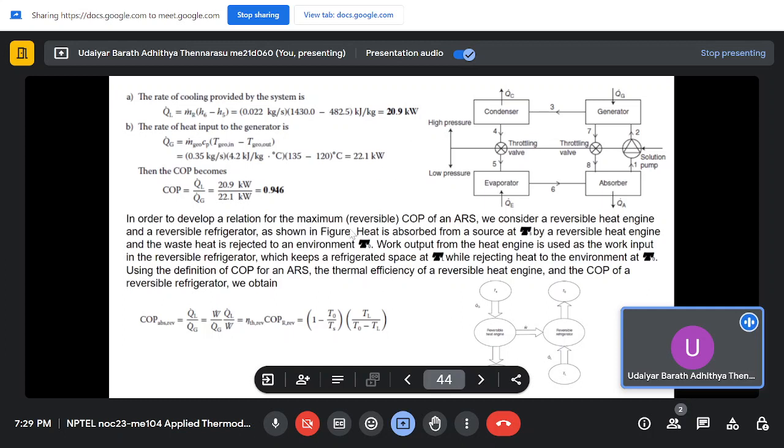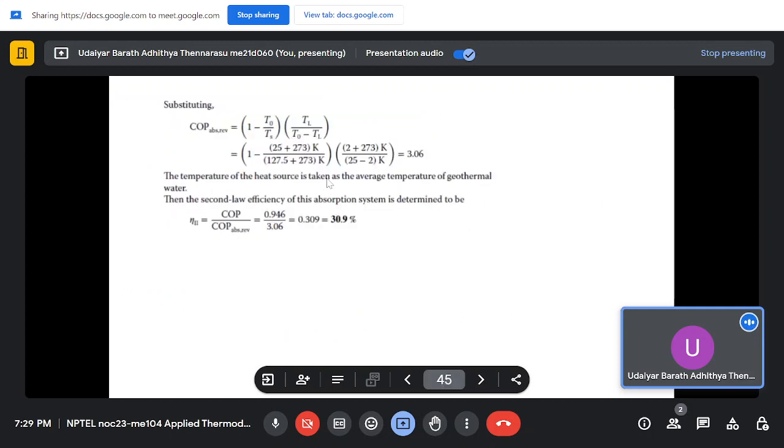We know that the lower temperature is 2 degrees Celsius and the ambient is 25 degrees Celsius. On substituting here, we get COP as 3.06. The temperature of each source is taken as the average.